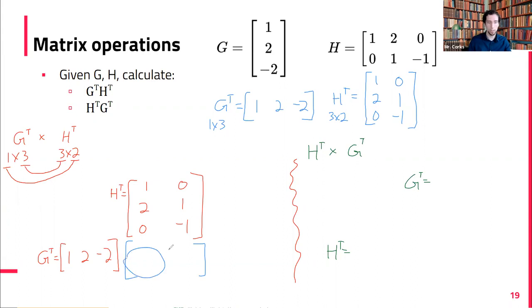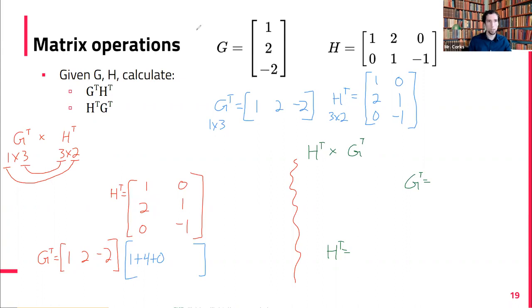First position, please tell me what this is. What plus what plus what? 1 plus 4 plus 0. Okay, so I'm going to write out the 0 so people can see what's happening. So 1 times 1, 2 times 2, -2 times 0: 1, 4, 0.